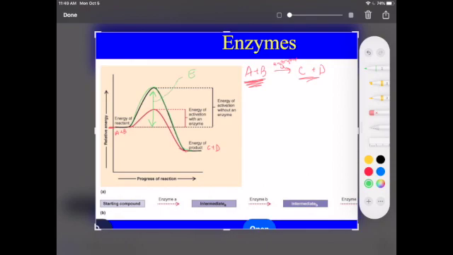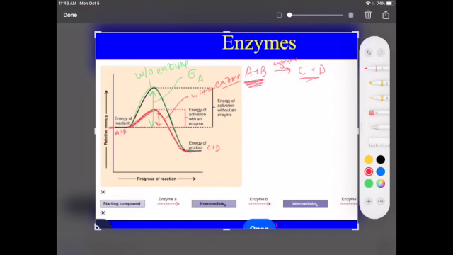That is called the energy of activation, or E sub A. And this is without an enzyme, whereas the red graph is with an enzyme. So this right here, it lowers the bump. The presence of an enzyme lowers the energy of activation. It lowers the amount of energy that's got to go into this chemical reaction just to even get it going.